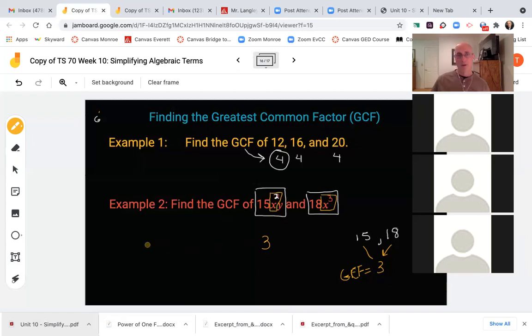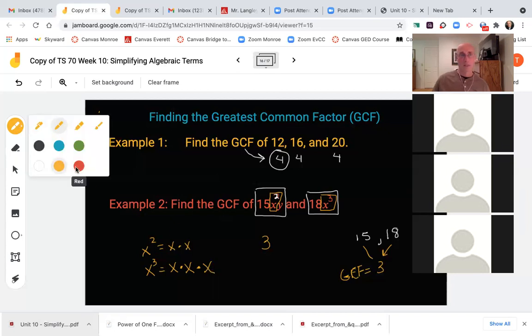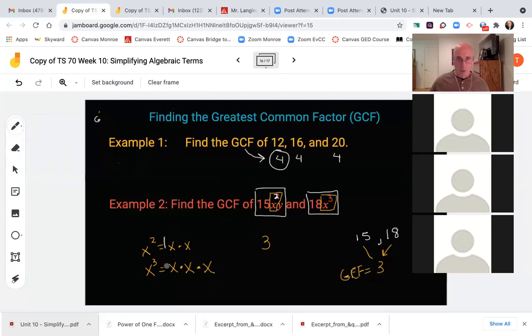X squared, I'll write this over here as an example, equals x times x. X to the third equals x times x, so that's x squared, isn't it, right? Times x. All right, let me take a different colored pen, and just to illustrate this, let me take this here. What do they have in common here?